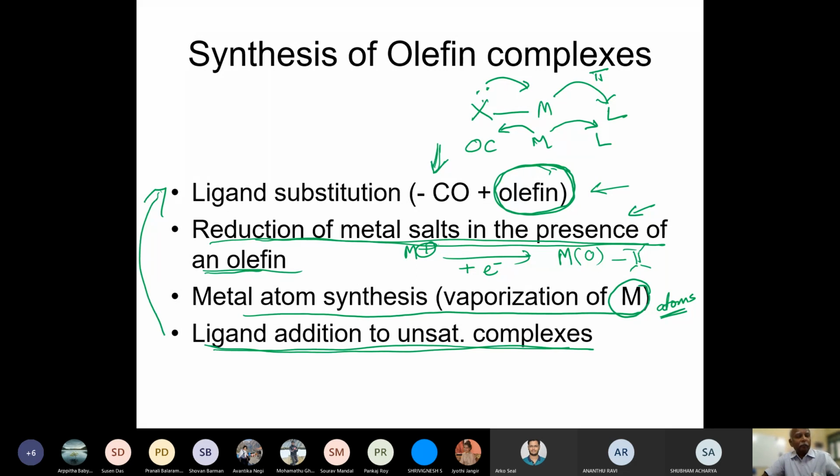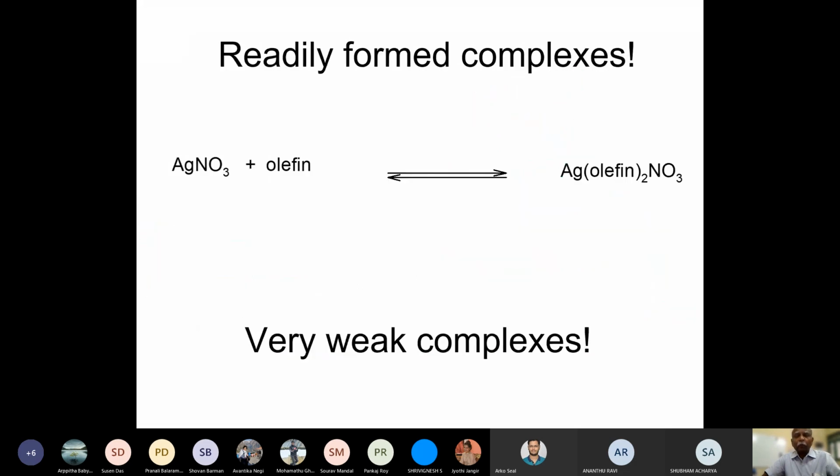Now, let me proceed with the simplest way of making a complex. Unfortunately, this is the simplest and it's also the weakest complex. These complexes are formed between Ag plus or group 10, group 11.